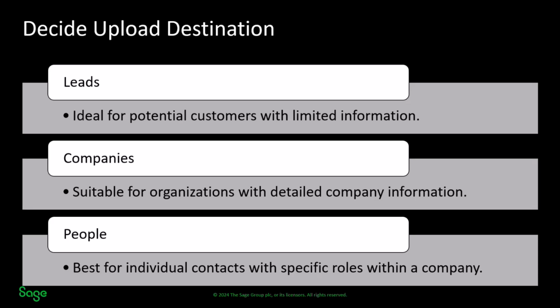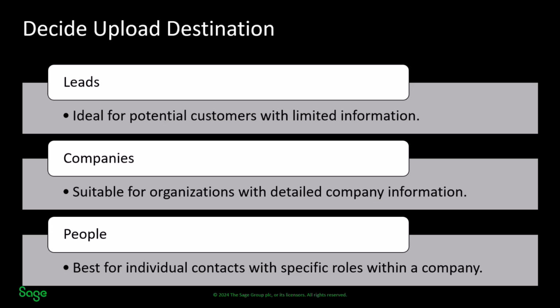Now, the key to determining whether to upload any data from a system is to think about whether it's going to go into a lead, a company, or a person. The key to this is the nature of the data that we have. And that's going to be associated with the type or level of data contained within the originating source.